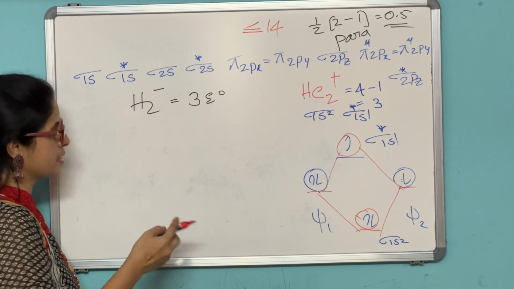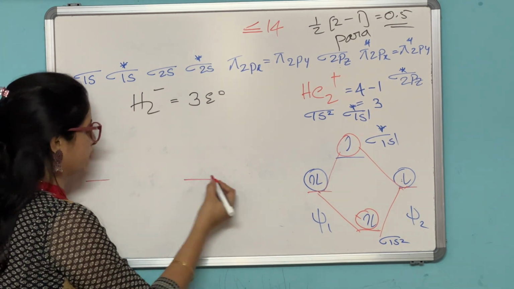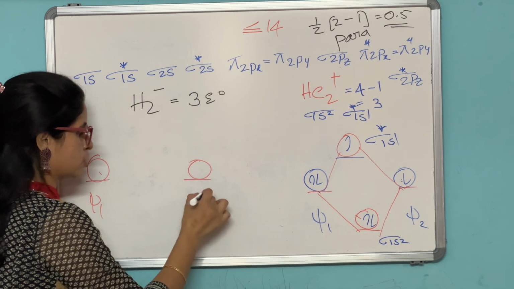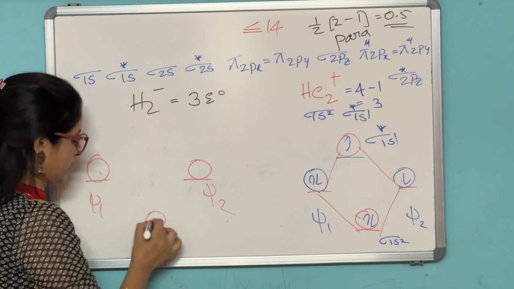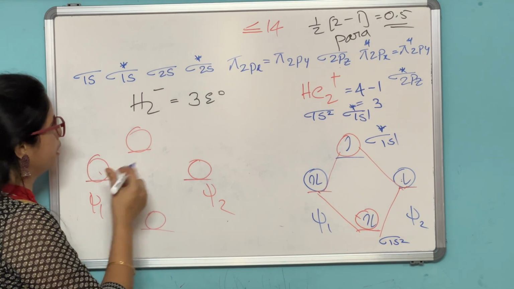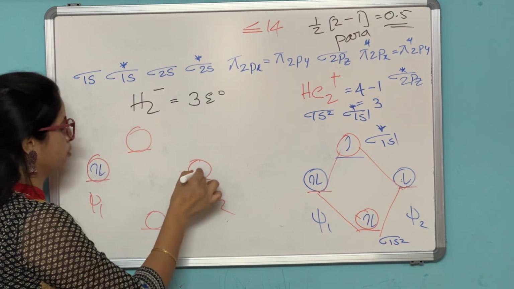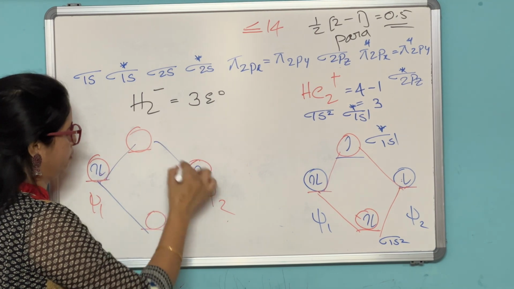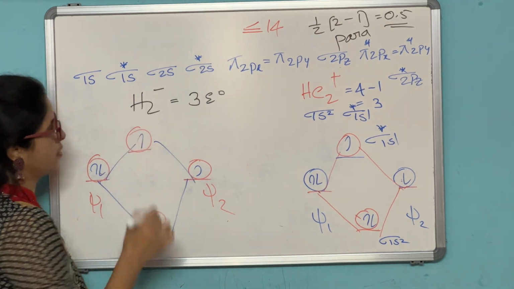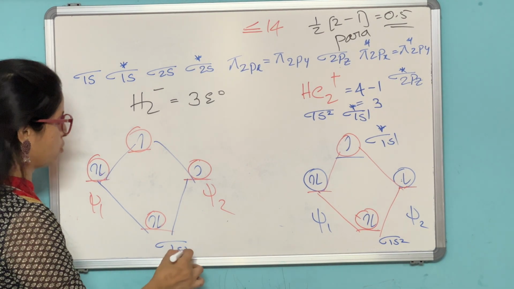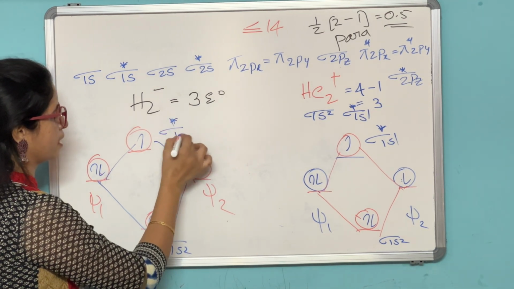The energy level diagram has psi 1 of H1 and psi 2 of H2 with 3 electrons: sigma 1s2 and sigma star 1s1.